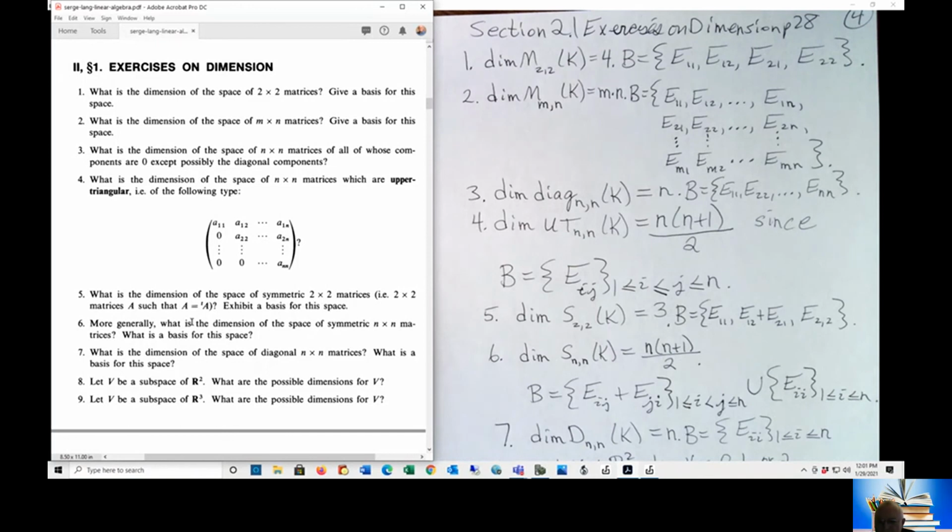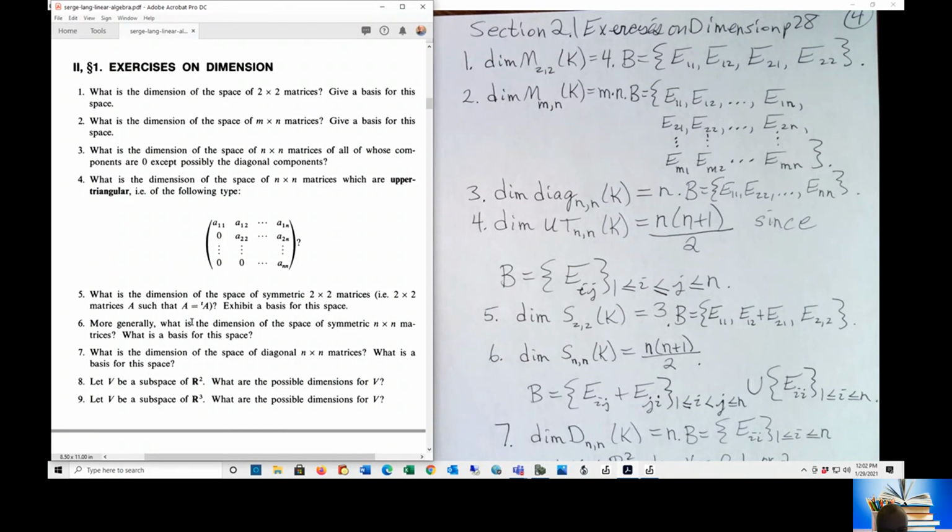Now, certainly, in a basis for the 2 by 2 symmetrics, we're going to have E11 and E22, but we're only going to have 3 matrices in this basis. And the third one is the sum of E12 and E21. So there's 3. Okay?